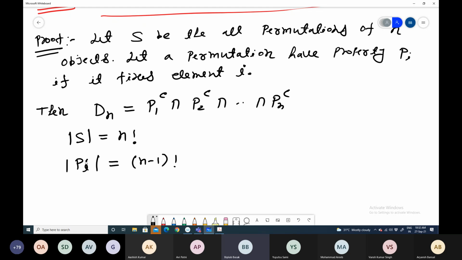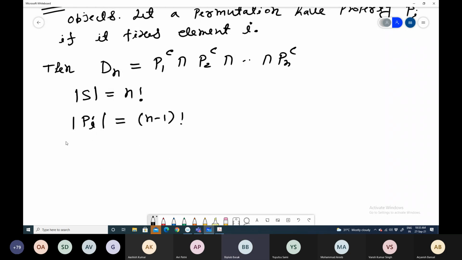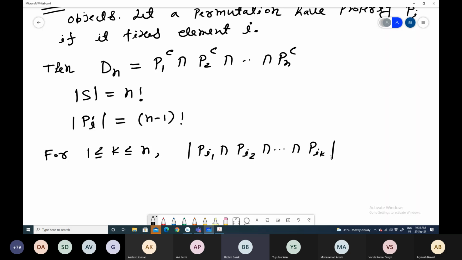So that holds for any Pi. In short, for 1 less than or equal to k less than or equal to n, the cardinality of Pi1 intersection Pi2 intersection ... Pik, where it fixes i1, i2, ..., ik and does not fix others, is factorial (n minus k), because it fixes only k elements and the remaining n minus k elements can have any permutation.